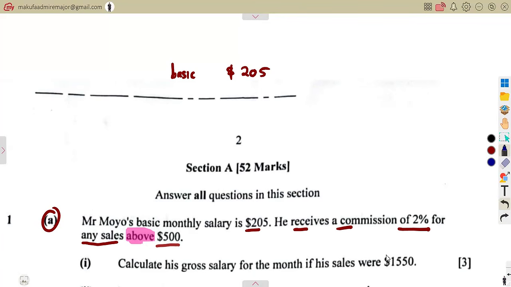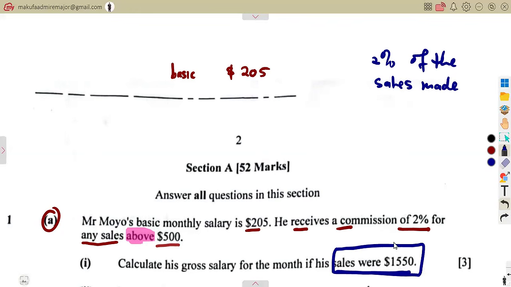They can say you're given 2% of the sales that you make, or 2% of the sales made. 2% of the sales made means 2% of whatever that you have. Meaning you take that as it is, 2% of that. But this is not the case here. No, it's different.